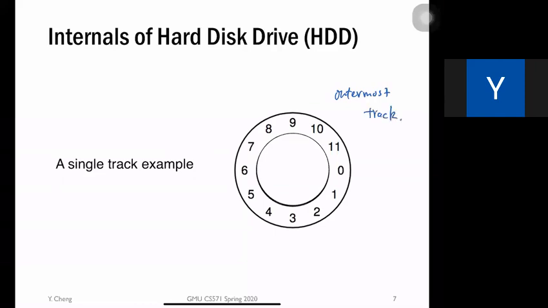Since this is a simplified example, it has only 12 sectors. As you can see, sector 0 is the very first sector, shown on the right-hand side, and the last sector of the outermost track is shown above it, which is sector number 11. Okay, obviously it has multiple sectors.